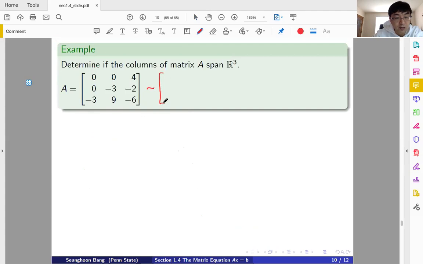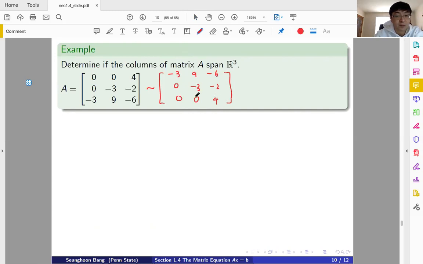So what's that? Interchange the first and third rows: the top row is -3, 9, -6. The second row is 0, -3, -2. The last one is 0, 0, 4. Is that right? What happens?